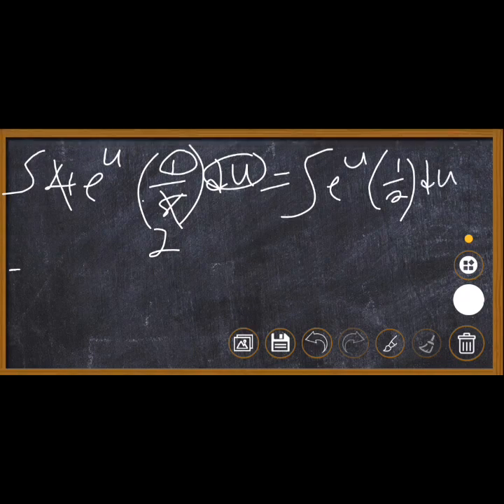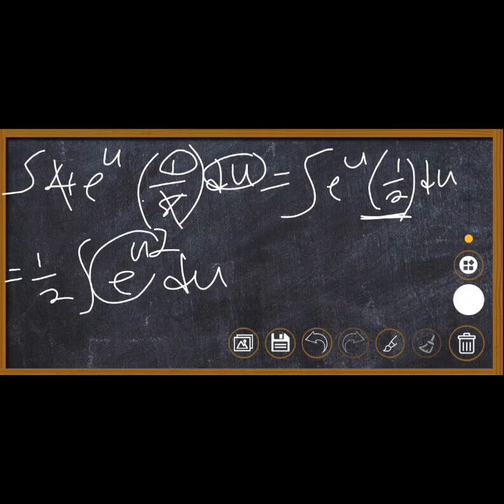So let's take the constant 1 over 2 in front. We are going to remain here with e^u du. Now, what is the integration of e^u?